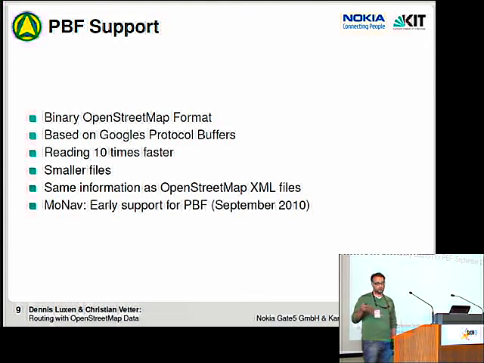On the other hand, it has the same information as the original XML files. As the last line states, Monav had really early support for PBF, which was September last year. When you want to use OSM data for a routing engine, PBF has become the de facto input standard.